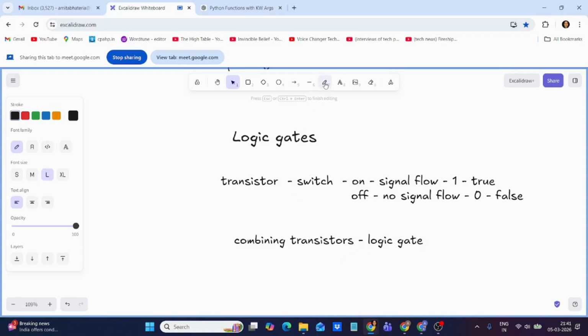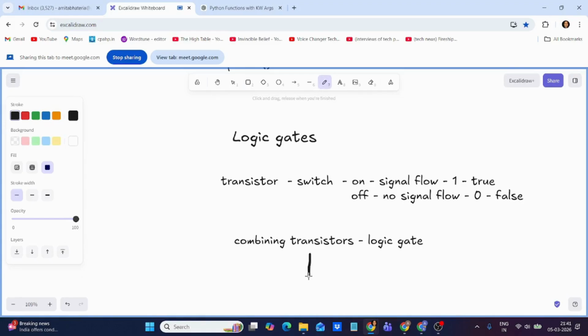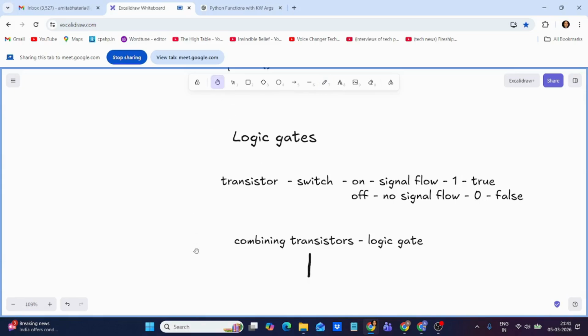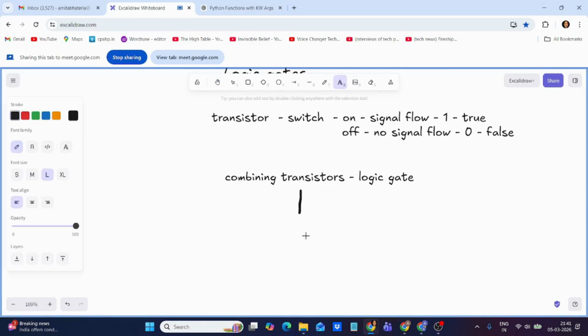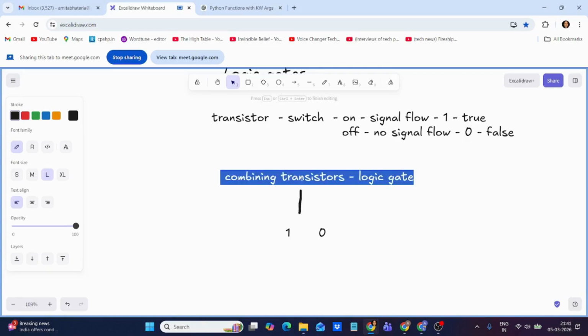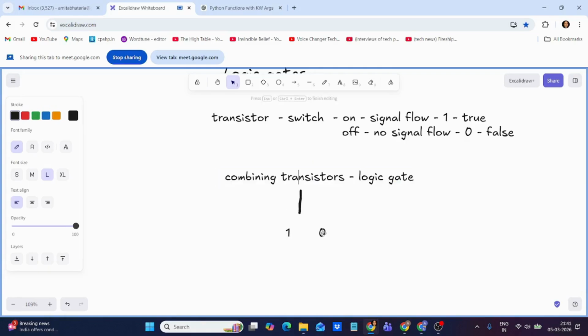So how can we form a logic gate? We use this principle of the transistor: if there is a signal flow the value will be 1, and if there is no signal flow the value will be 0, right? When we combine transistors, they will have different values of 1, 0 and so on. Each transistor will have either value 1 or 0.